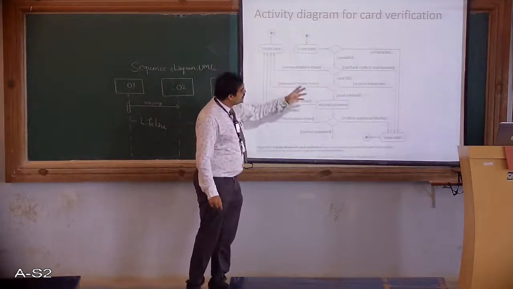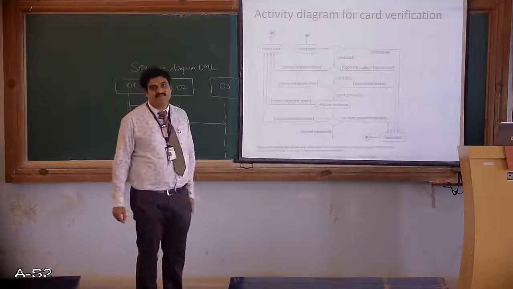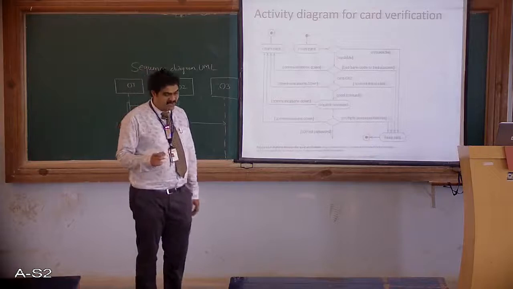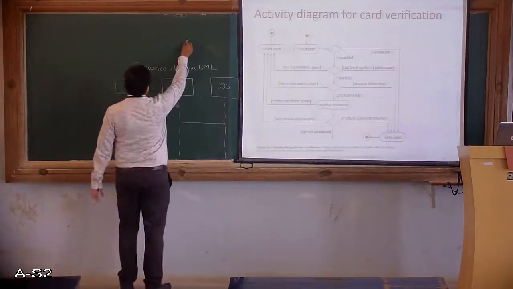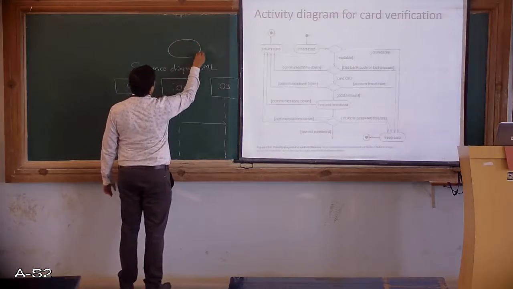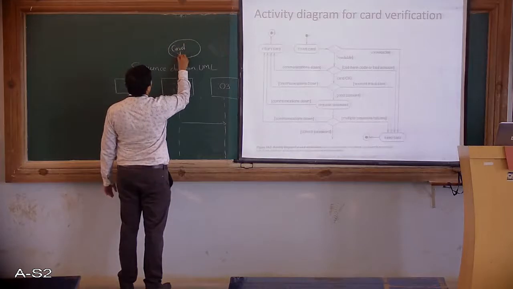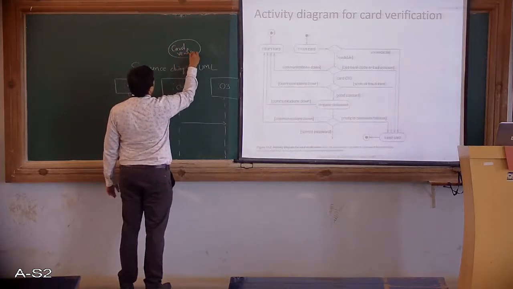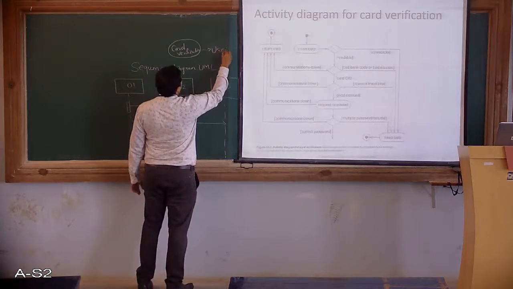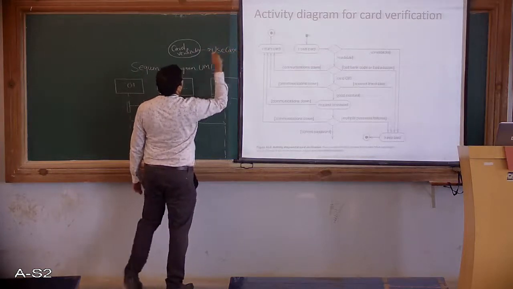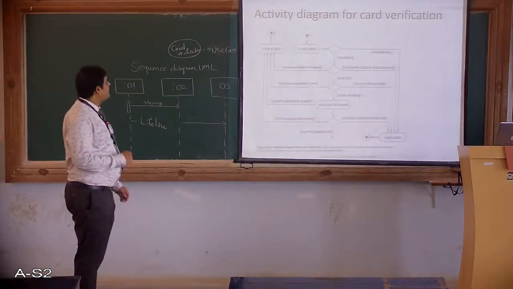This is one use case, for card verification. I can also write similar to this: card verification is one of the use cases for the ATM system. But you really cannot understand what this card verification is.